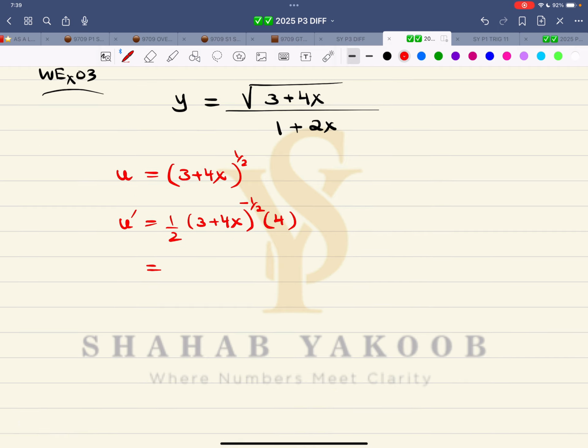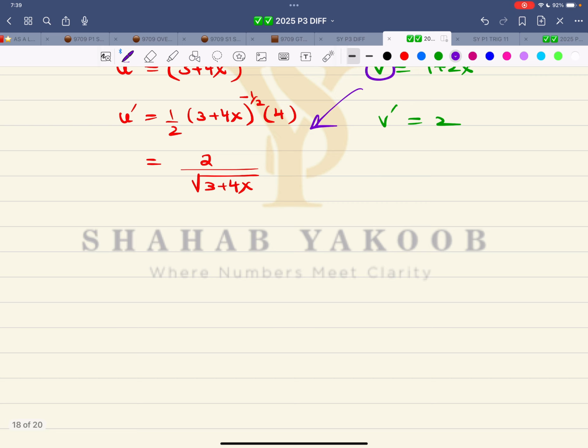Simplify it over here. So this is 2 over square root 3 plus 4x. And over here, v is 1 plus 2x. v prime is simply 2.